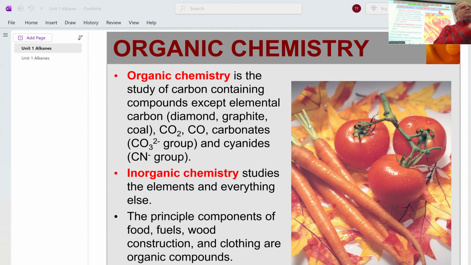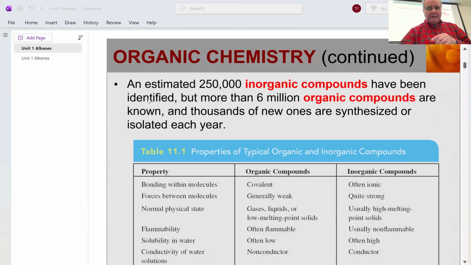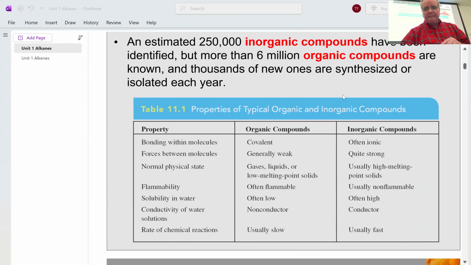That means we're looking at 99.999% of the molecules we're dealing with are carbon-based. There are a lot more organic molecules than inorganic molecules by a huge margin.